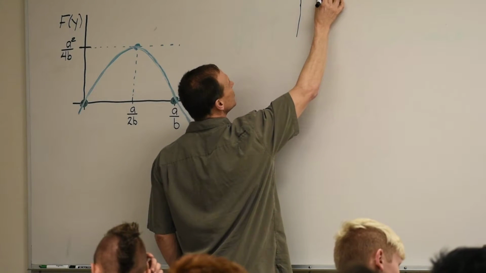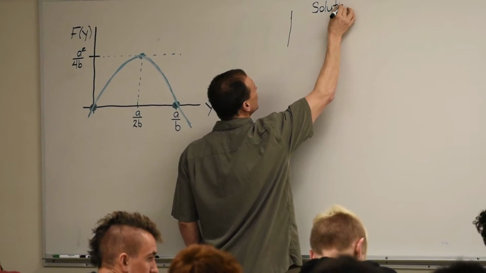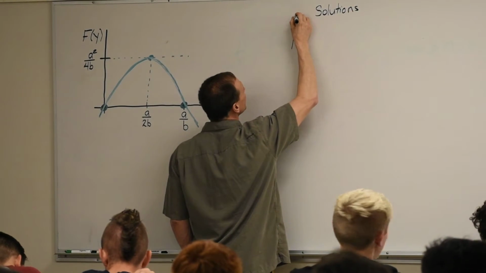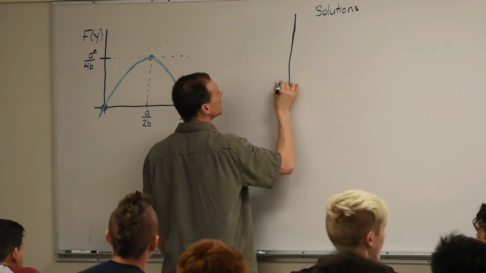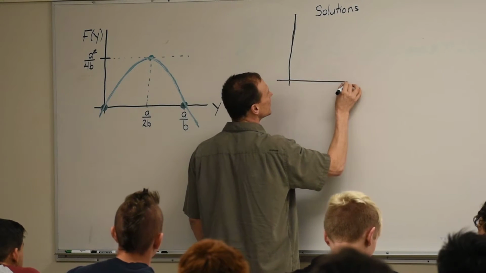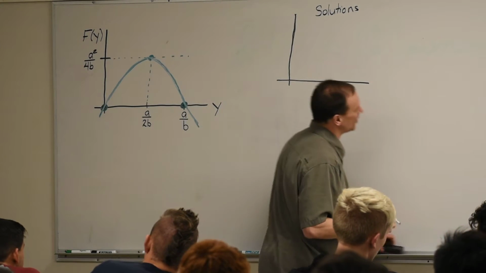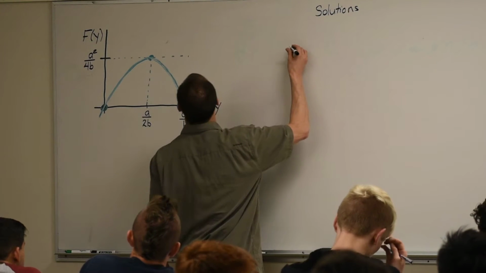So this is our solutions. F of y is the right-hand side of y prime. So it's y prime. I could have just called it y prime, but what I really wanted you to see is that it's a function of y.